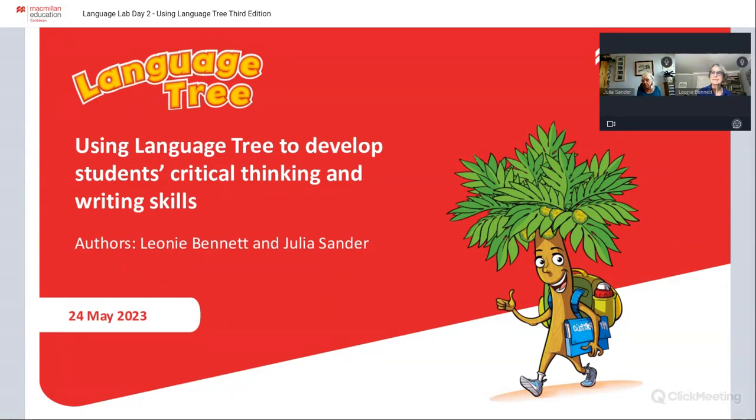The purpose of this workshop is to take a look at the 3rd edition, which has got quite a lot of new features in it. Some of you may already be using the books, but we'd just like to tell you about these new features, what the purpose is, and then move on to look at that very important subject of how to develop the students' skills through using Language Tree.